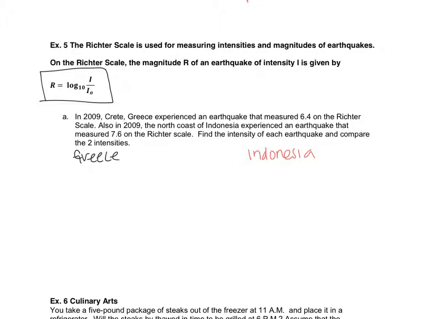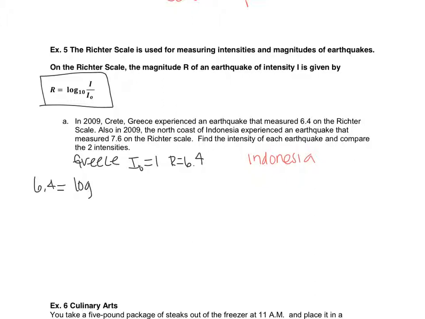For I naught, you're going to use 1. And then we know that R equals 6.4. Those are the values that we're going to plug in: a 1 for I naught and 6.4 for R. So 6.4 equals log base 10, just a regular log on your calculator, of I, that's what we're looking for, over 1.